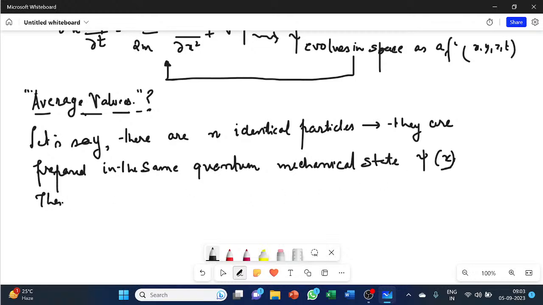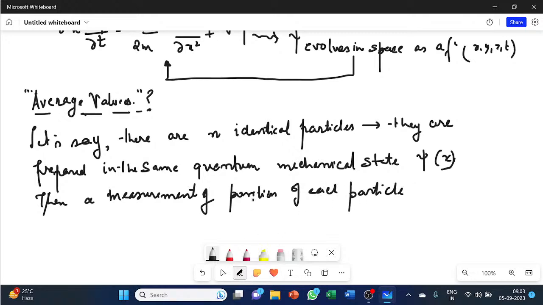Then a measurement of position of each particle.